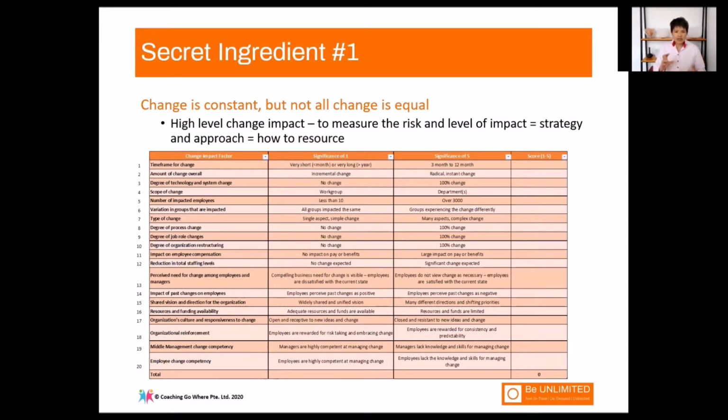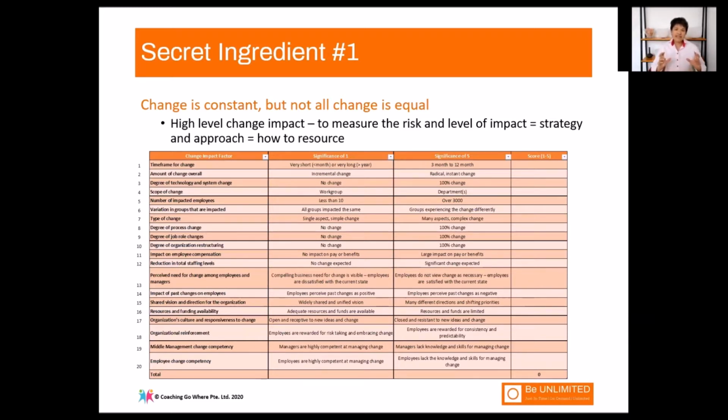As we look at what some of these are, they include things such as the breadth of the change, not only in terms of size. Is it only impacting a small group of people or the entire company? Also considering how big is the company? Is it multi-market, or is it just one particular location?